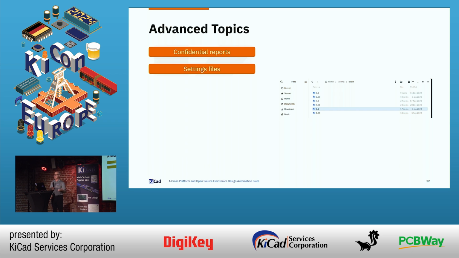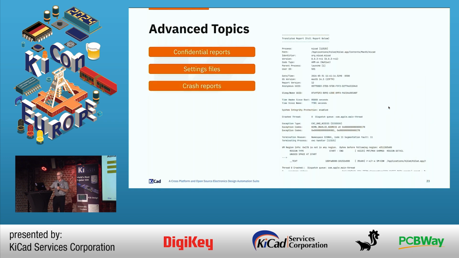Your settings don't contain any personal information. KiCad doesn't keep that. It's just like the last place you kept your window, or whether you turned off the mouse warping or not. Sometimes that information affects the behavior. So maybe I don't use that setting and I don't see the bug. So settings files are sometimes things that developers will ask for.